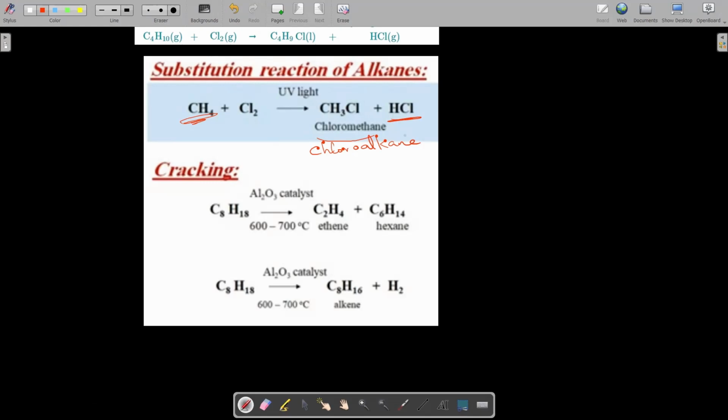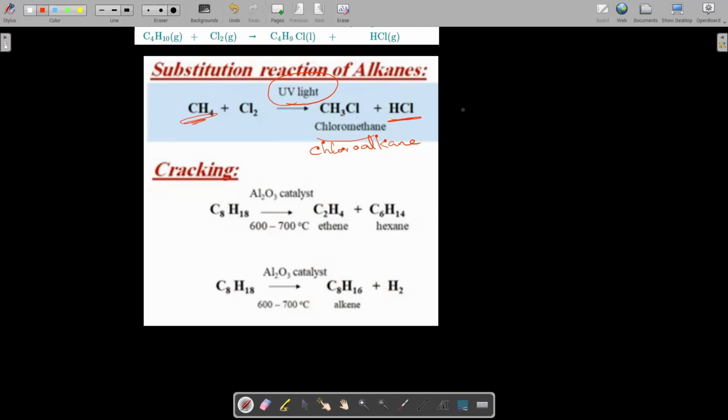Now there is a condition involved in this reaction. And what's that condition? You need to have UV light. Because the substitution reaction of an alkane with chlorine requires light, that is UV light, for the activation energy.